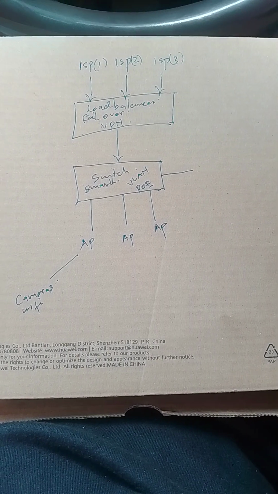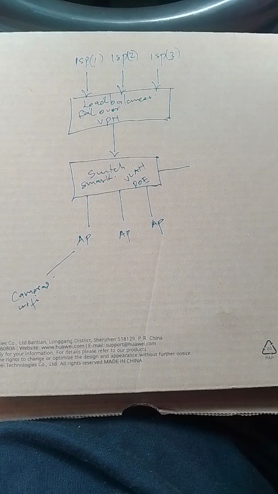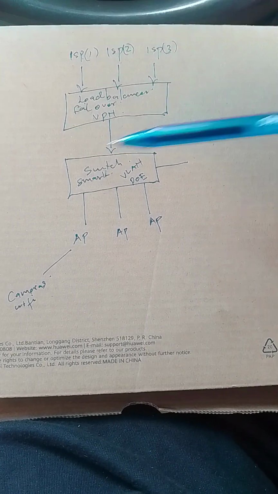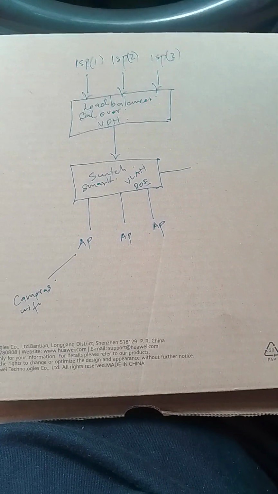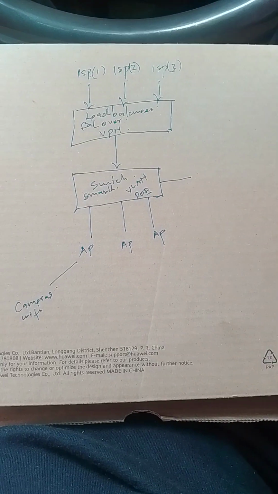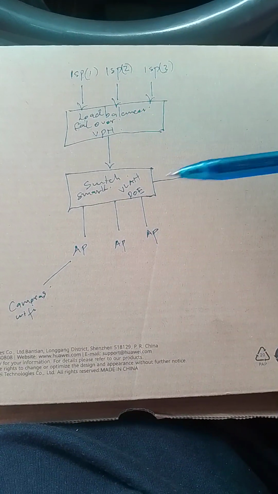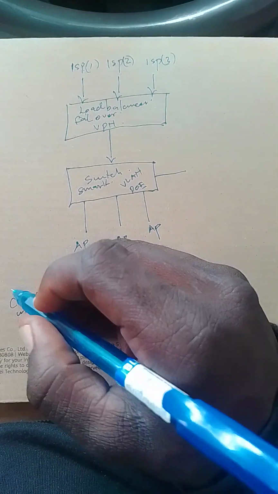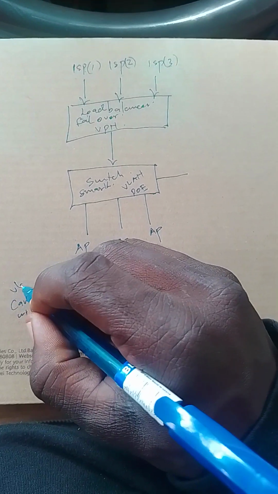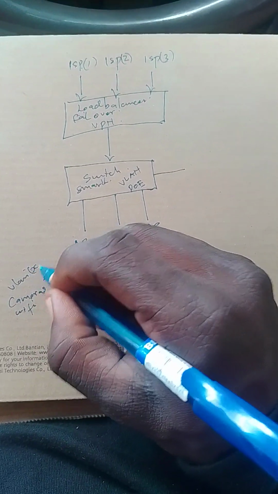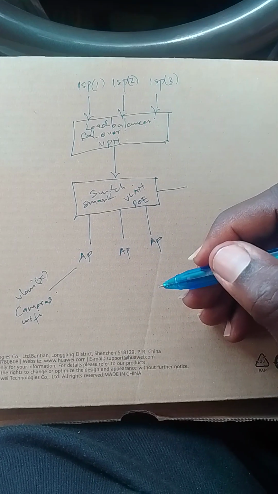Those who want cameras inside the house or those who want cameras outside the house, we make sure that we have a good coverage with as many access points as possible to cover the blind or the gray areas, and then we put cameras to access the internet on a VLAN, say VLAN X.